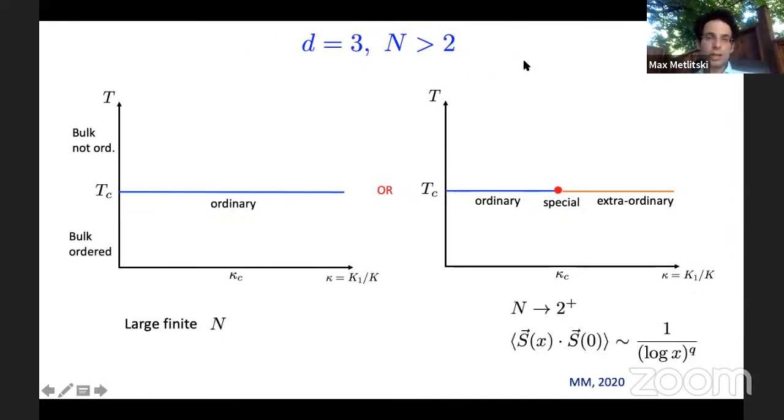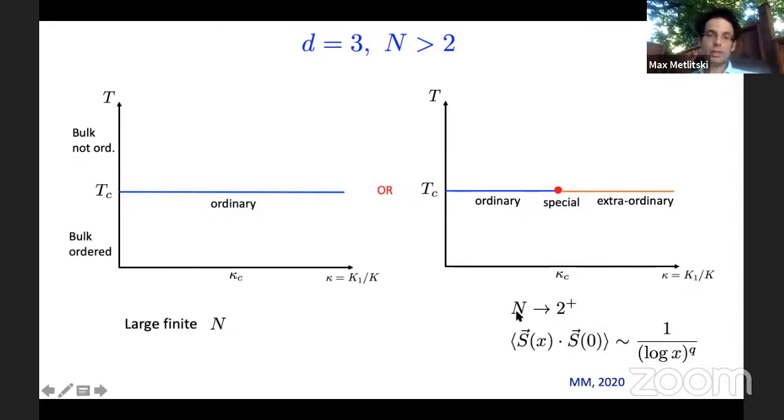For large but finite n, we indeed have this picture on the left here with just the ordinary universality class for all values of the surface coupling. On the other hand, for n just above 2, we know for certain that we have a phase diagram here on the right with a separate extraordinary portion of the boundary, and here the spin-spin correlation function again decays as a power of logarithm.